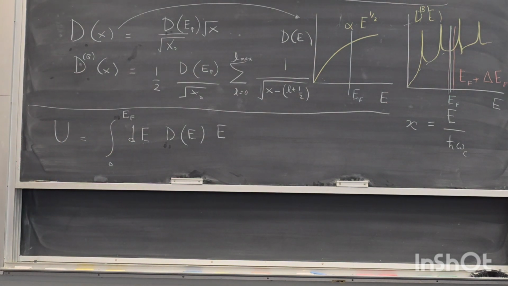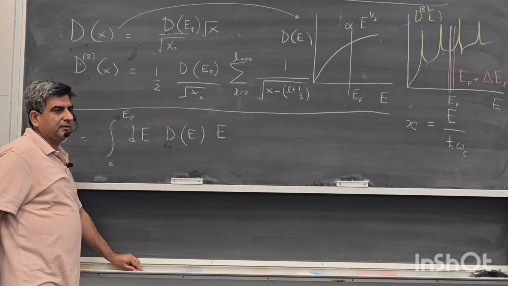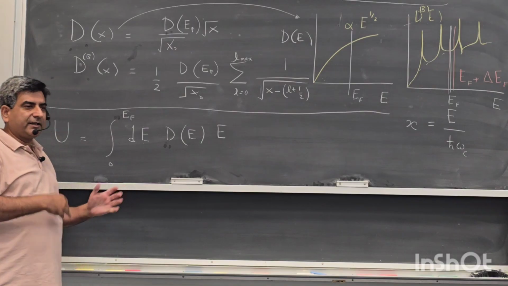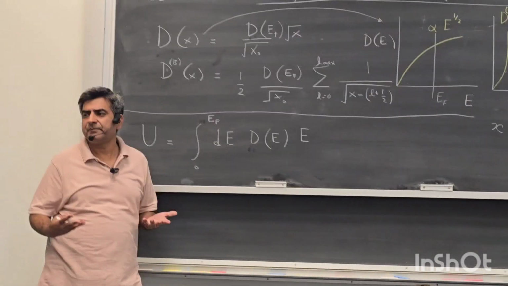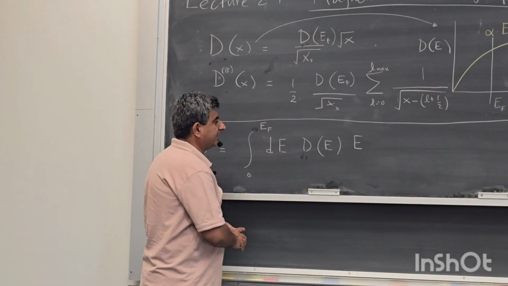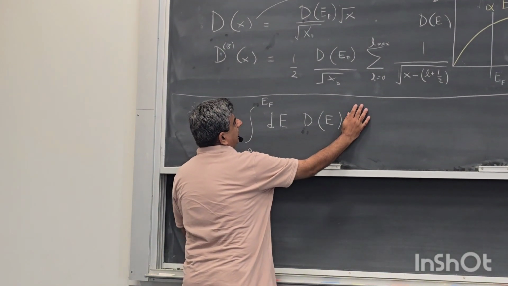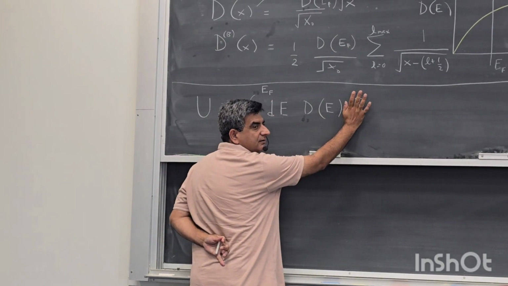In order to find out the changes in the Fermi level, we have to resort to another concept, which is called the integrated density of states. What happens if I just integrate the density of states? What would this integral look like without the E? What would be the dimensions of this integral?